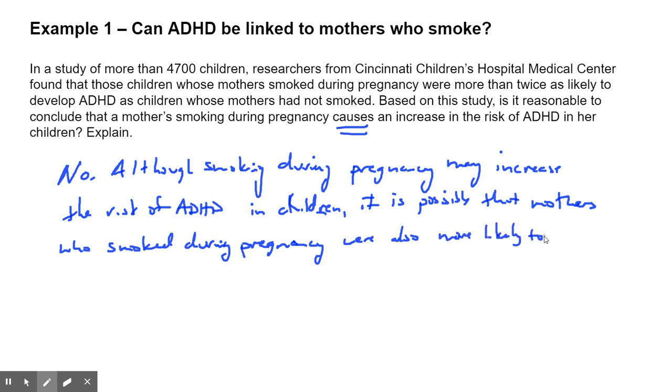And here's where you can be a little judgmental, I guess. Smoking is not the best thing to do in general. I know it's an addiction that's hard to break, but what else could these mothers have done to increase the risk of ADHD? To me, smoking is not a healthy choice, so another unhealthy choice is to have an unhealthy diet.